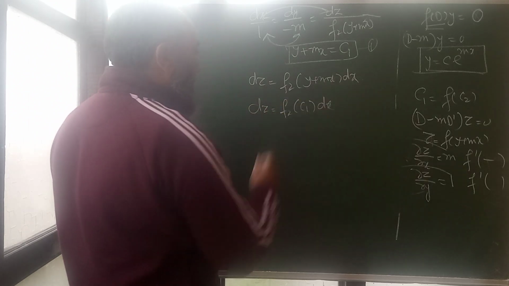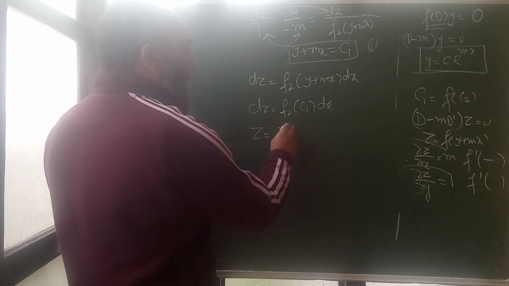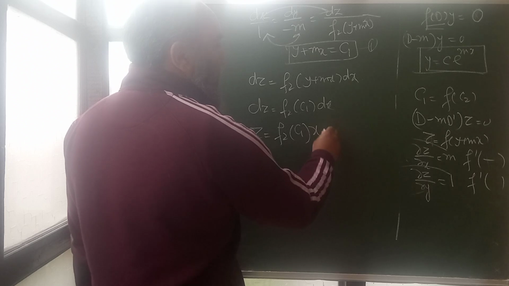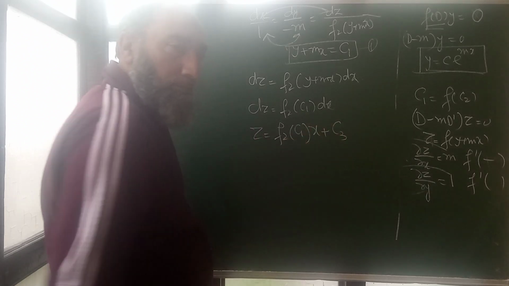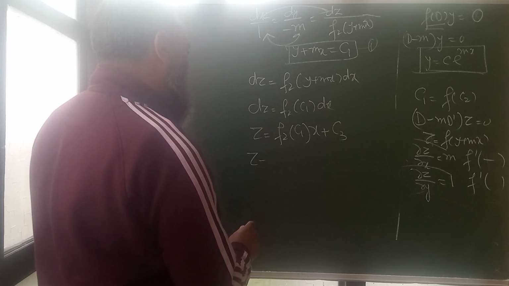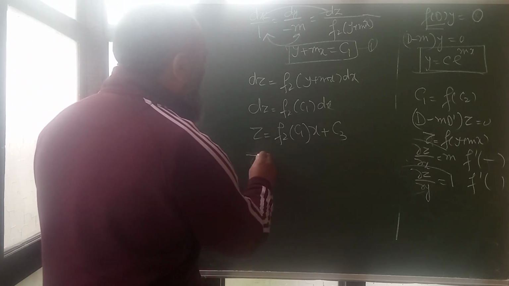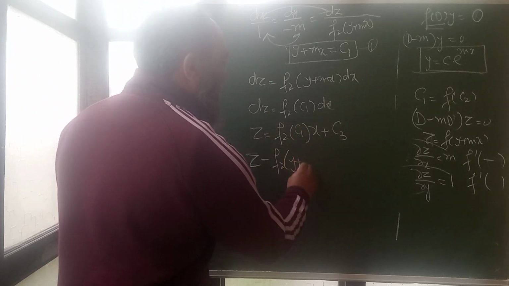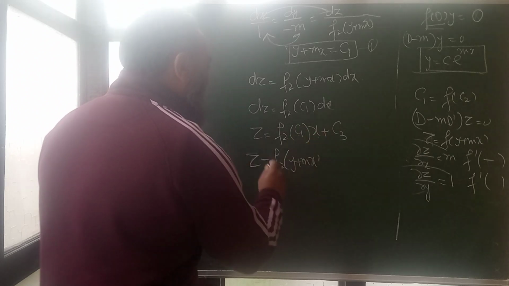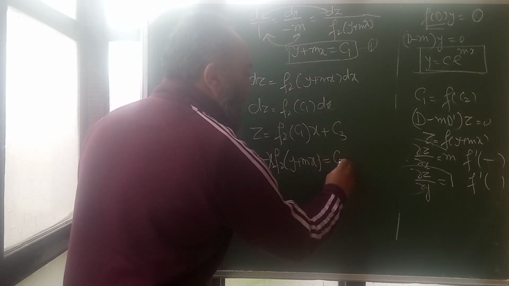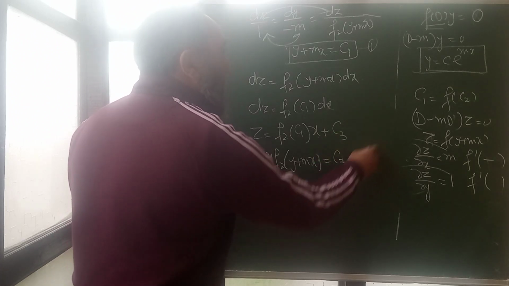Let me integrate it. Z is equal to f2 of c1 times x plus c3. So z minus f2 of c1 times x is equal to c3, where c1 is y plus mx. Now I can write a solution.